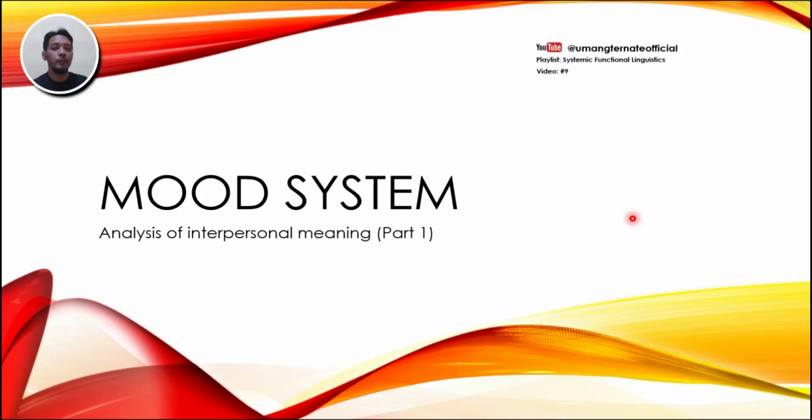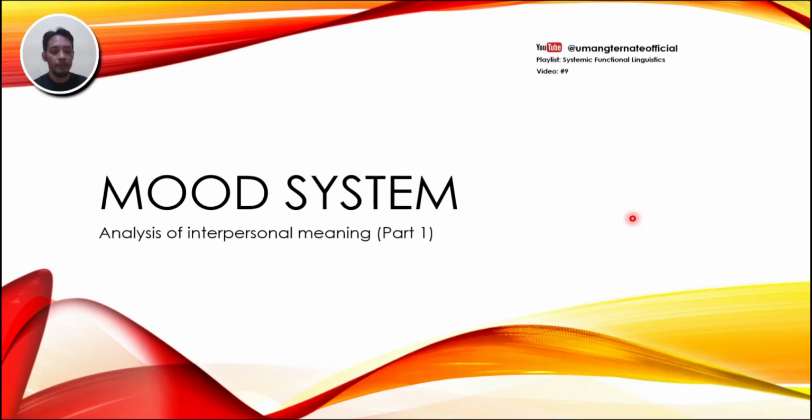In the last video we discussed the transitivity system, a system in systemic functional grammar used to analyze the experiential meaning of clauses. And in this video we will continue to the next system in systemic functional grammar, known as the mood system. This system is used to analyze the interpersonal meaning.